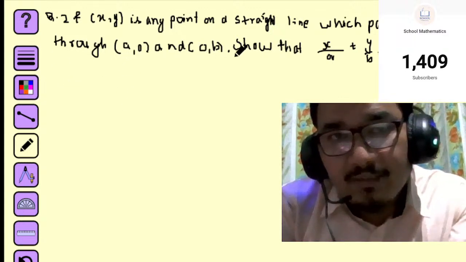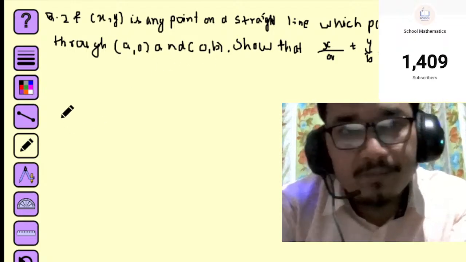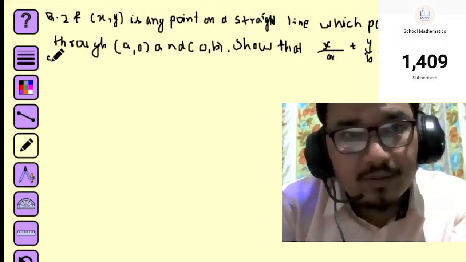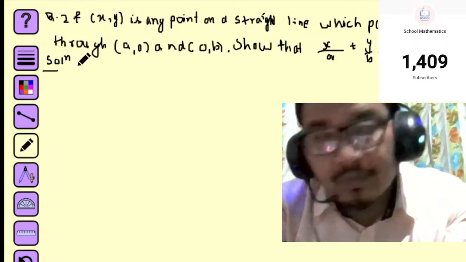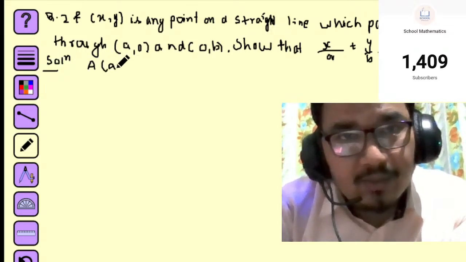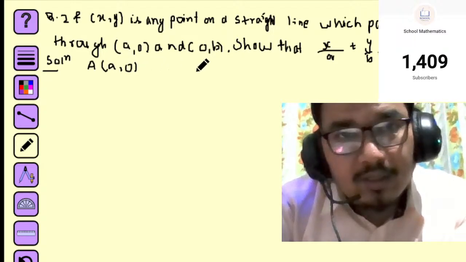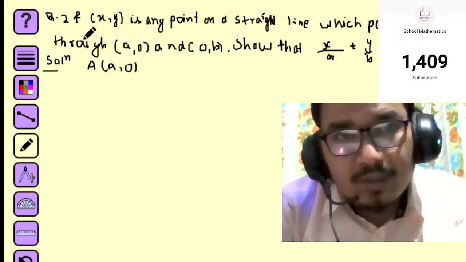These 3 points are given here: one is xy, and there is a0 and there is 0b. They are collinear here also. We are using the same thing here that we did in the previous question. Suppose this coordinate is given as a comma 0, and there is another point, suppose b.